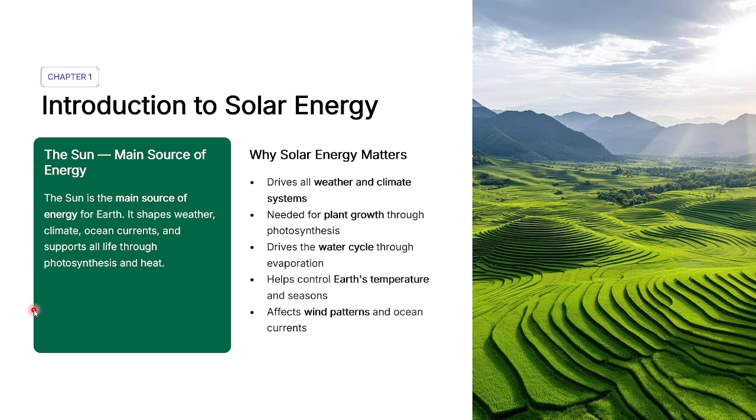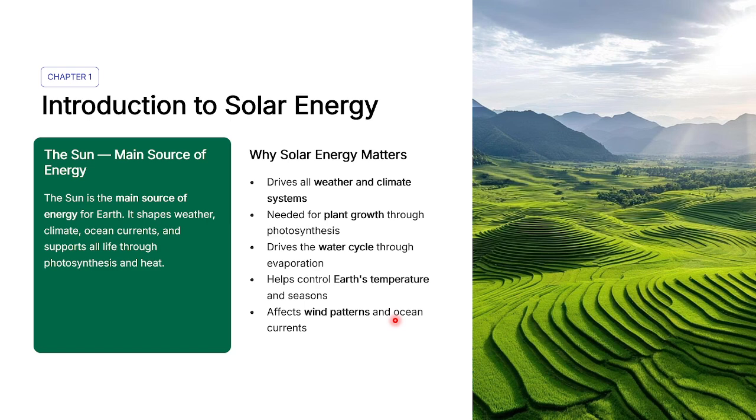Here, it drives all the weather and climate systems, and is needed for plant growth through photosynthesis. It drives the water cycle through evaporation, helps control temperature and seasons. It affects wind patterns and ocean currents.